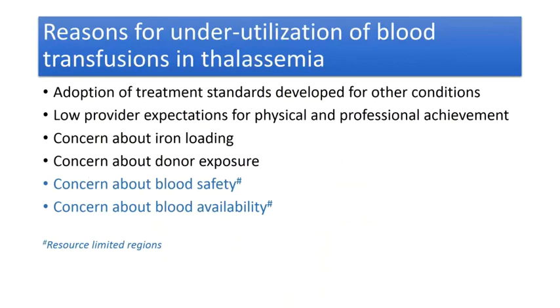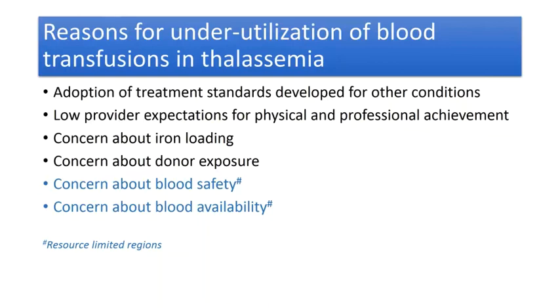What are the reasons for a common issue that we've seen, which is underutilization of blood transfusions in thalassemia? Well, first of all, there may be an adoption of treatment standards developed for other conditions, especially if a practice does not follow a large number of patients with thalassemia.